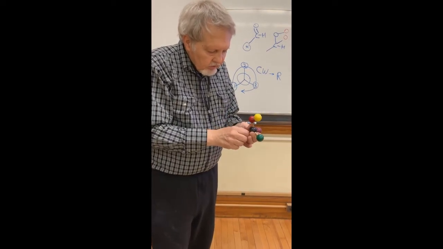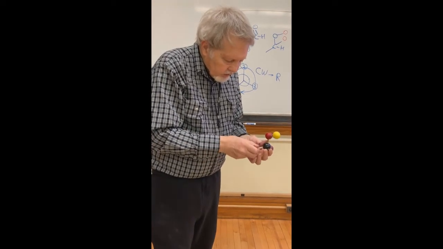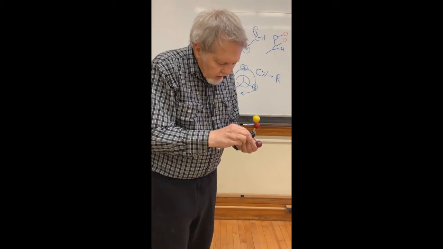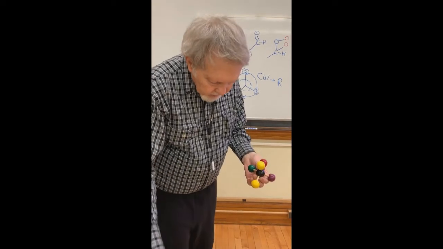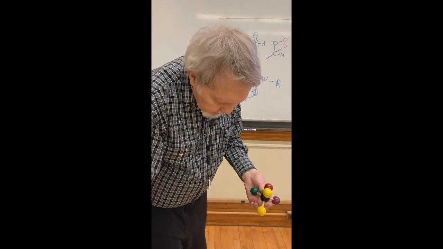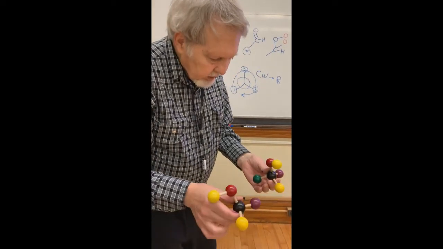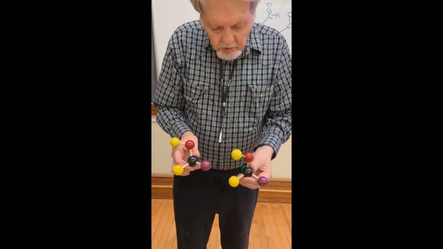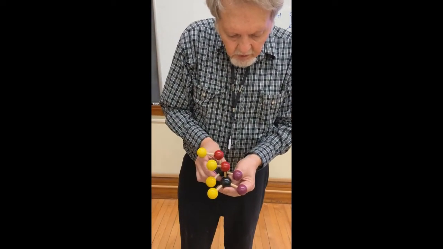So let me interchange the green and the yellow, the chlorine and the hydrogen. And now, if what I said is correct, these molecules are identical, and we'll do the superimposability test on it. And okay, lined up like this. Indeed, I hope you can see that when you bring them together, they will coincide, the like groups coinciding.